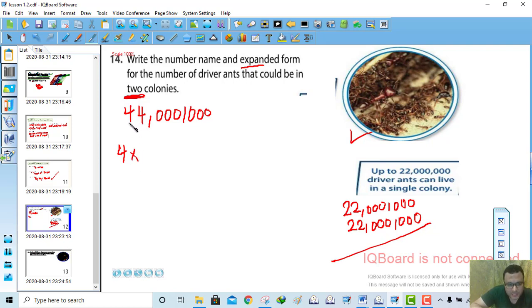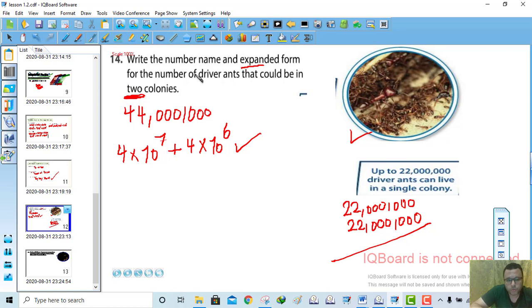So this one in 10 millions, it has how many digits before? 1, 2, 3, 4, 5, 6, 7. So it's 10 to the power of 7. Plus the other 4 in the millions place, it has 6 zeros. You can write it as 4 multiplied by 10 to the power of 6. Okay, if you write it like this it is okay. If you also write it as 40 million plus 4 million, it's also okay.